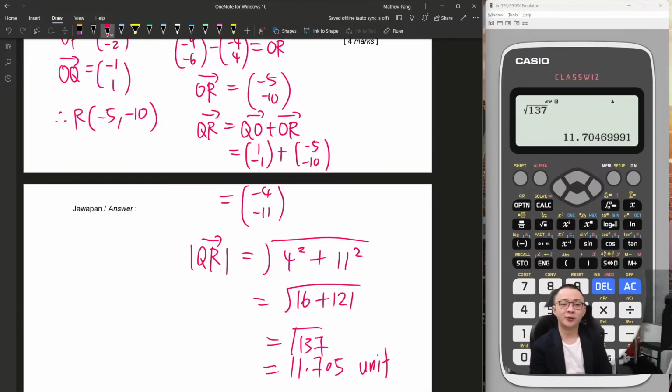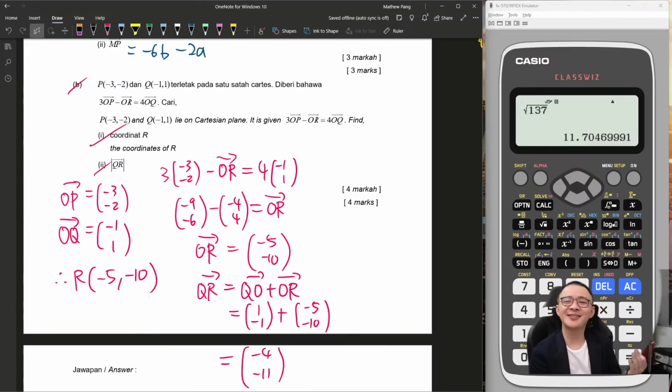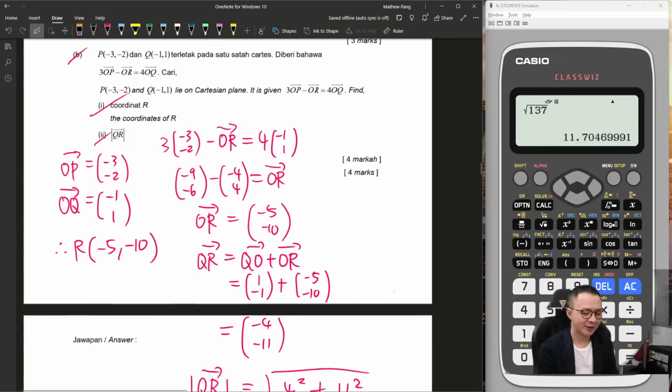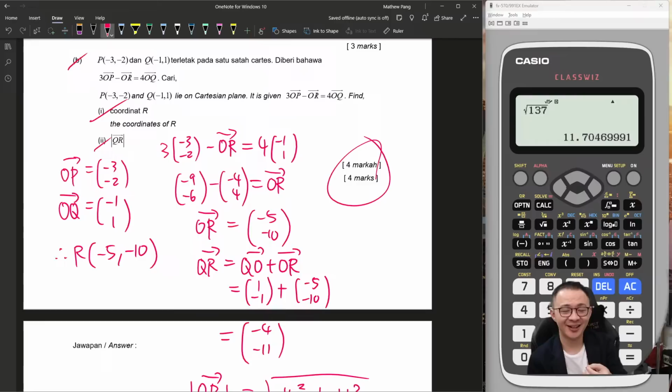This question shouldn't be too difficult. I also checked the marking scheme. I think the marking scheme made a slight mistake for coordinate R, but it doesn't matter. This is how we get the 4 marks. Here I just want you to understand how to use the coordinates and convert them into vectors.